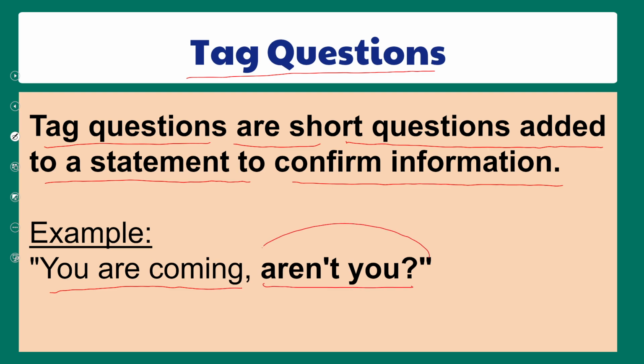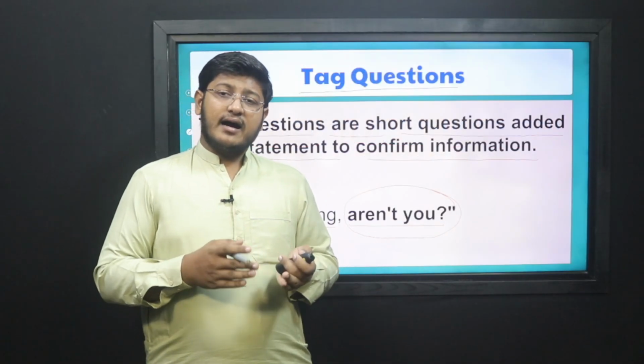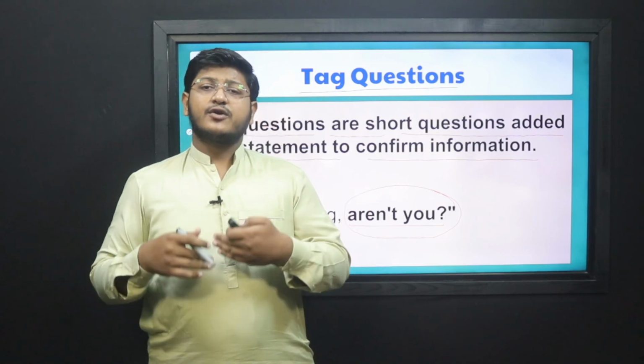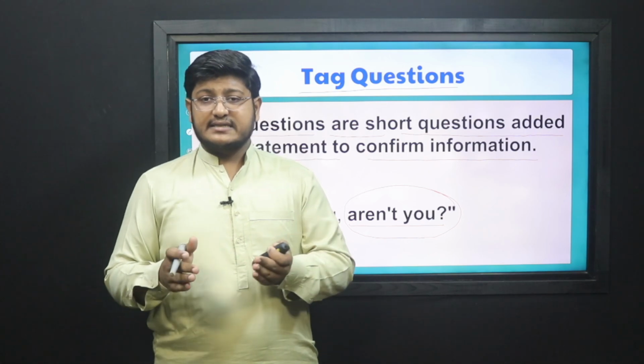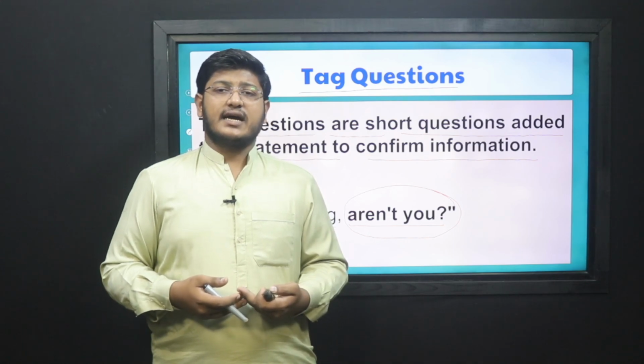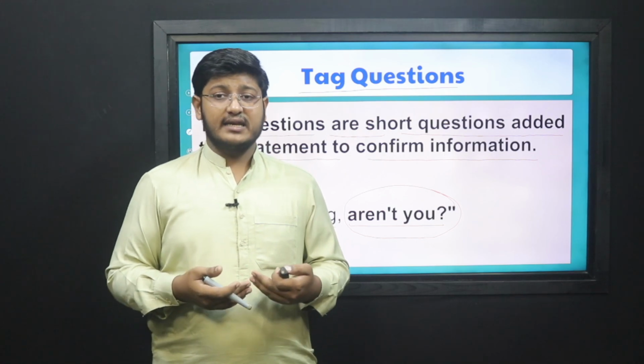So aren't you is actually a tag question. Tag questions are not proper or complete questions but consist of a statement. They are associated with a statement at the start or at the end to confirm something, like isn't, aren't, couldn't. Such types of questions are considered question tags. They are very easy to understand and very common in the English language.